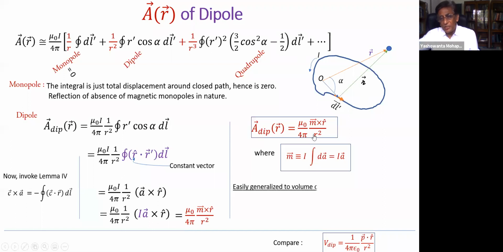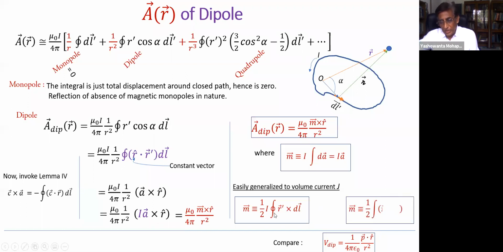So you can easily generalize to volume current. I've done it for a linear current, but you can easily generalize to a volume current J. This is the generalized definition of the area vector, r cross dl, which lends itself to generalization to a volume current J also, of r cross J. I cannot take I out, so this is a J vector, and hence M can be defined for K, I, J, anything.